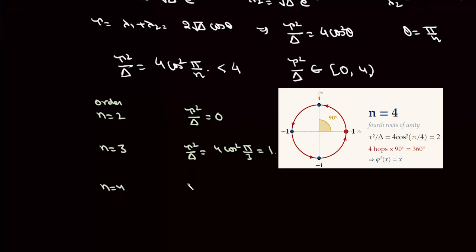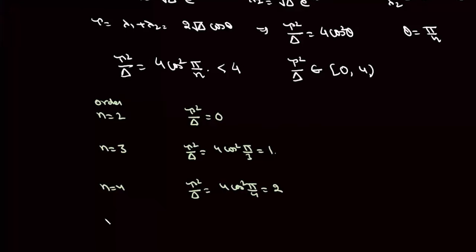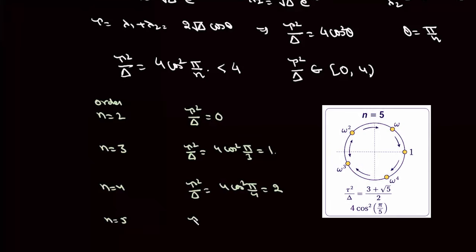When n is 4, tau square by delta will be 4 cos square pi by 4, which is 2. We did not discuss this case earlier, but we can also take n equals 5, and then tau square by delta equals 4 cos square pi by 5.